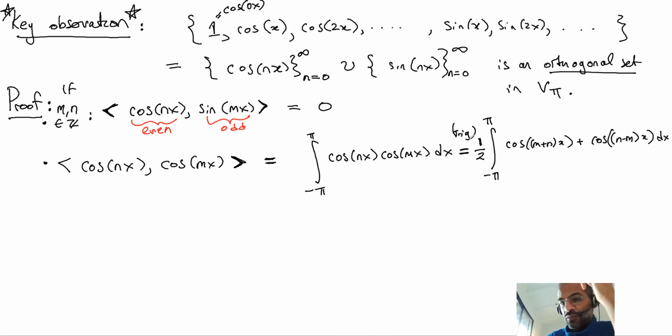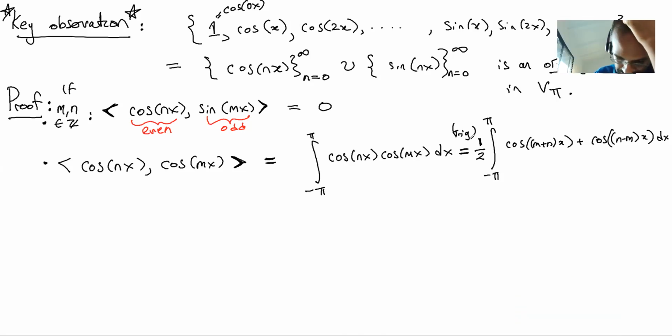And now, okay, what ends up happening here really depends on m and n. There are three possible things that can happen. The first is it's equal to 0 if m is not equal to n. Now, why is that?